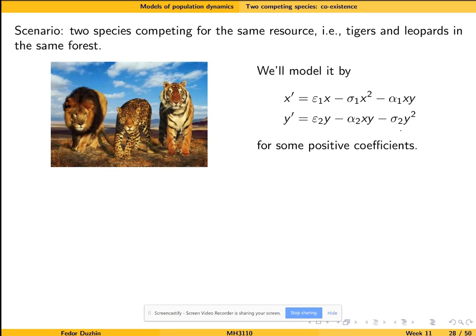And I hope from the previous quiz you have learned the ecological meaning of these coefficients: epsilon 1 and epsilon 2 are the intrinsic growth rates.